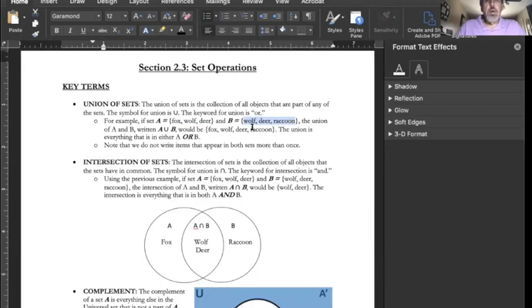Note that we don't write repetition, so we don't write wolf and deer twice. We just write each one time.